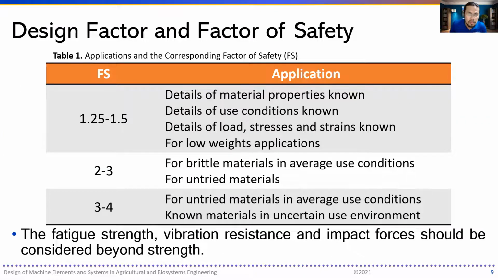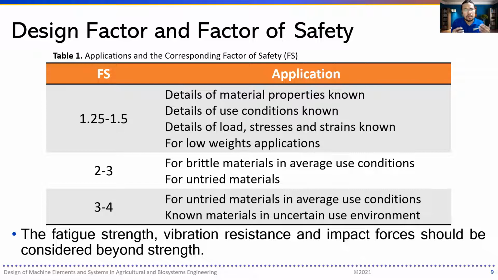And these are based on the applications of the machine, particularly the material properties and the environmental conditions. In terms of the environmental conditions, there's the use, there's the stresses and the loads applied, and also uncertainties with respect to the use and environment.